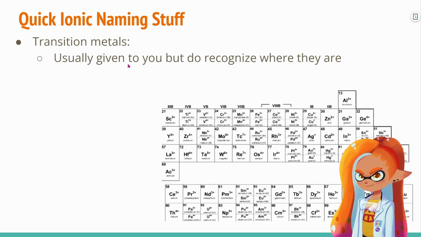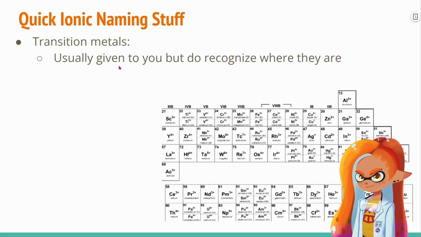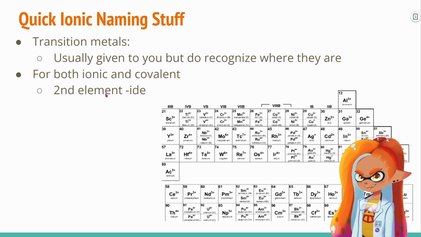So you can see here in my reference, you have the transition metals in the middle of the PT, as well as the post-transition metals you can see here from 13, 31, 49, and so on. So like this part of the PT. Just make sure that you know where they are. And for both of these, if it's an element as the second one, it's always going to have a suffix of IDE.